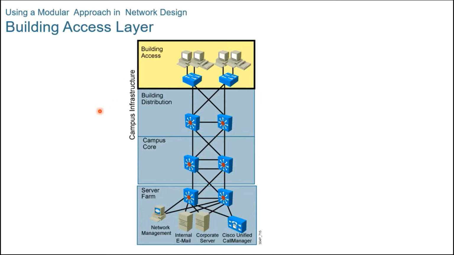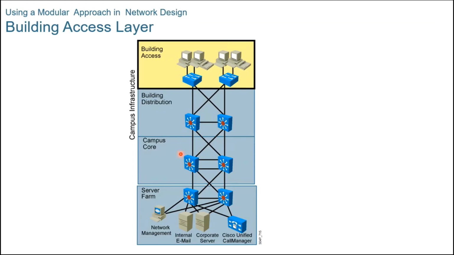So it contains end user devices such as workstations, IP phones. You also have network printers connected to layer 2 access switches, VLANs. Okay, what else? STP might also be supported. So the building access layer provides important services such as broadcast suppression, protocol filtering, network access, IP multicast, and quality of service.